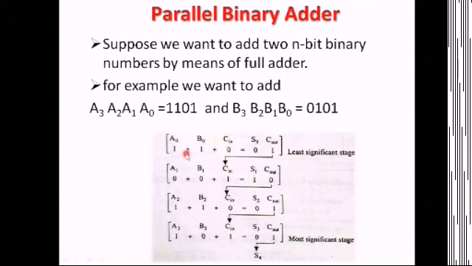So for this, we will design a parallel binary adder, where, as I already told you, when we are adding two n-bit binary numbers, the number of full adders required will be equal to the number of bits in each number. So these two numbers are two 4-bit numbers, so we will require 4 full adders. So let us see how to design the parallel binary adder.